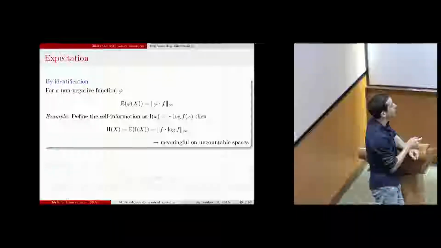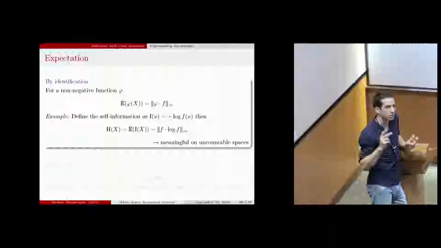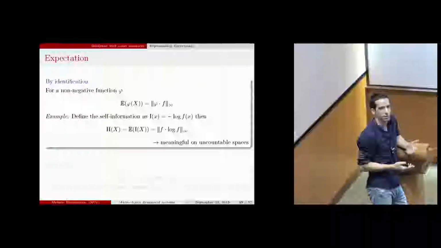It's similar to the definition of the entropy in probabilities. But one thing that's nice here is that it's meaningful both on countable and uncountable spaces. In uncountable spaces, defining entropy is hard. People define differential entropy, but it's not always positive, and that's actually a problem.